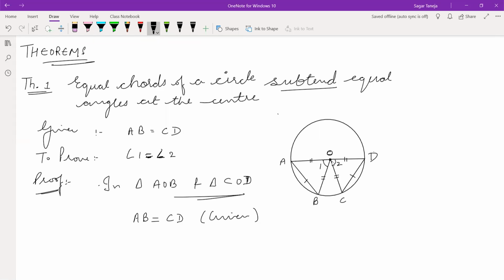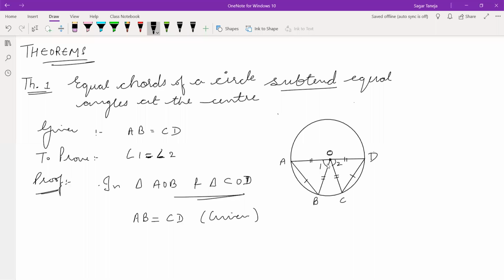All are the radii of the same circle. So AB and CD are equal.